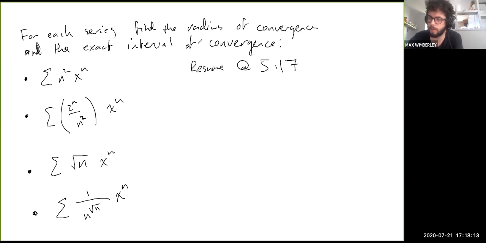Okay, so let's take a look at these. After you do enough practice with these kinds of series, you should get to the point where you can pretty much just look at it and tell what the radius of convergence should be, and also tell whether it converges at the two endpoints.